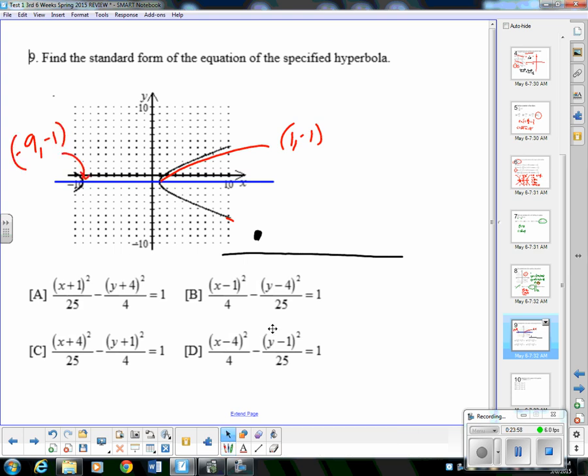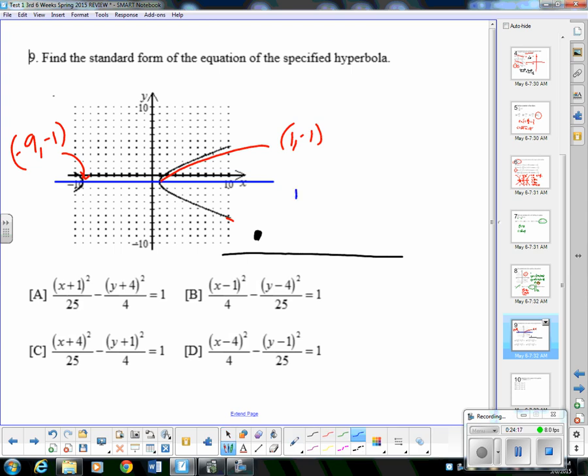Now this requires you to have it right in front of you and being able to see it, but trust me when I tell you that I have vertices at 1, -1 and -9, -1. And I need the midpoint between those for my center. So all I need to do is use my midpoint formula.